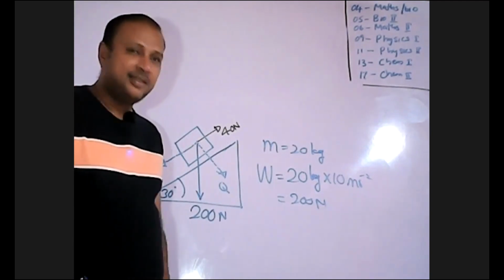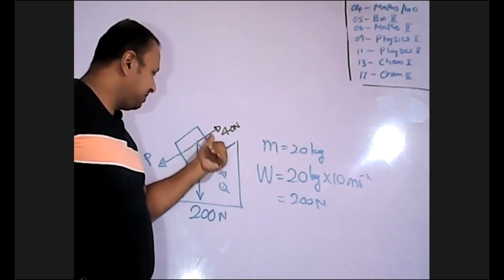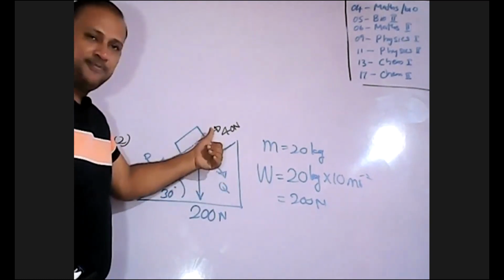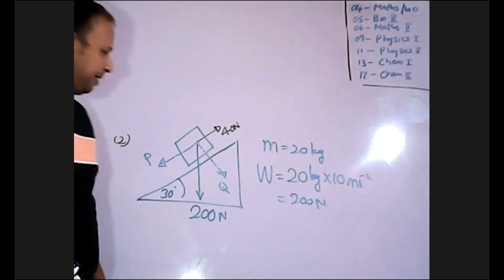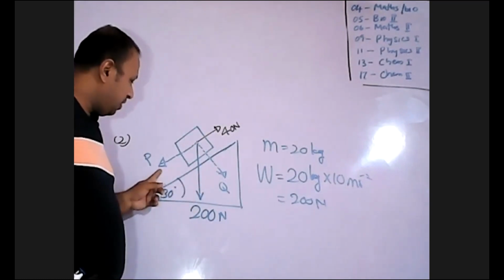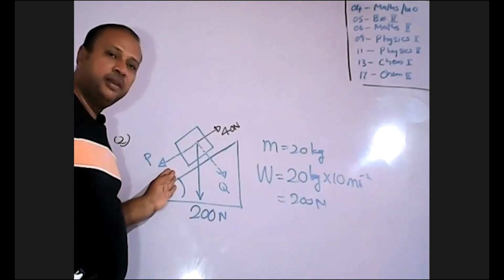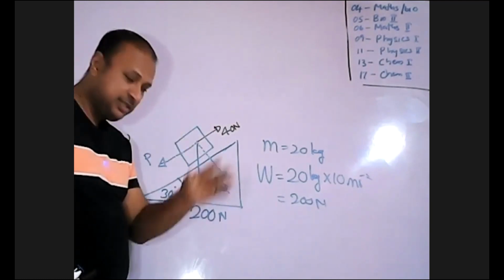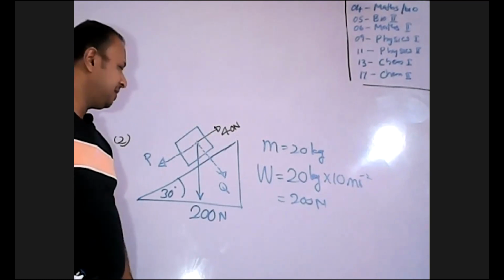In this case, taking the resultant force directly is a little bit difficult, but we can do that. But if I resolve this, the entire system will be reduced to two forces acting perpendicular to each other.